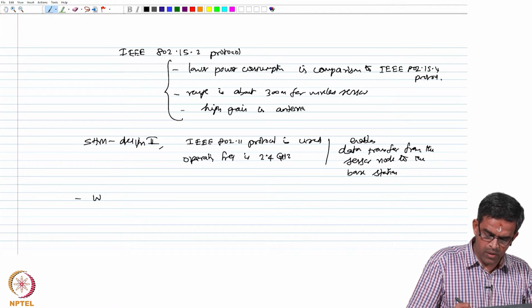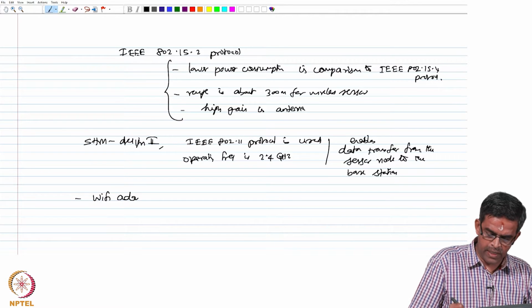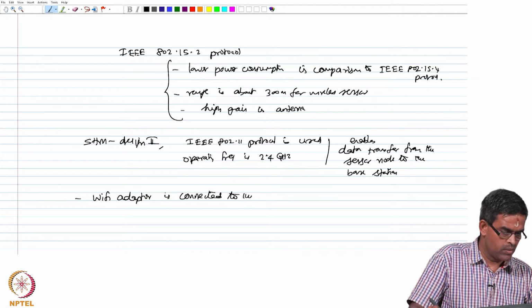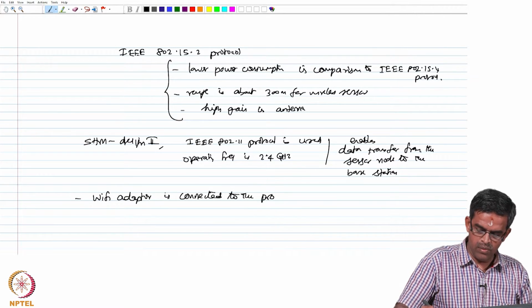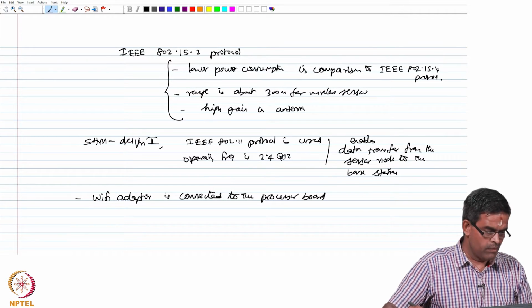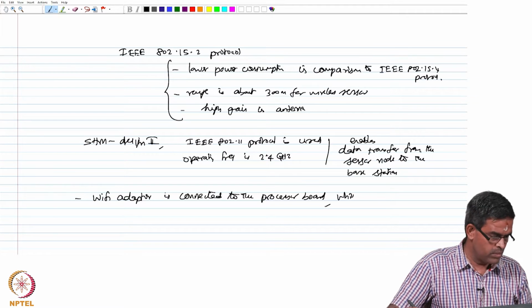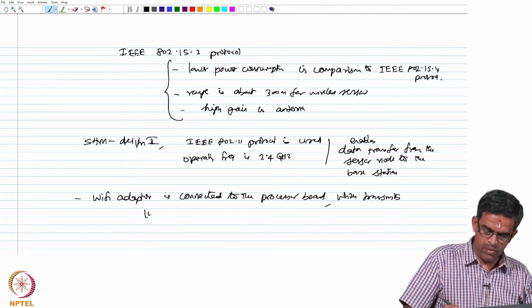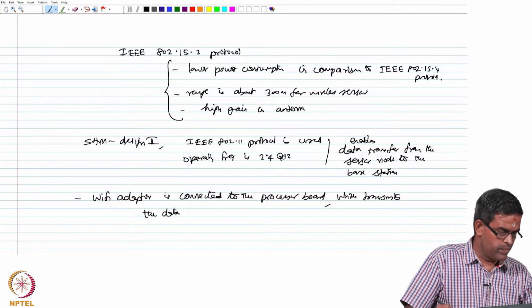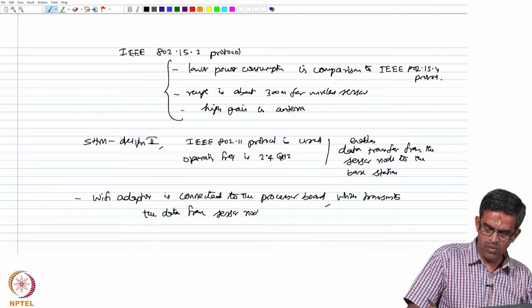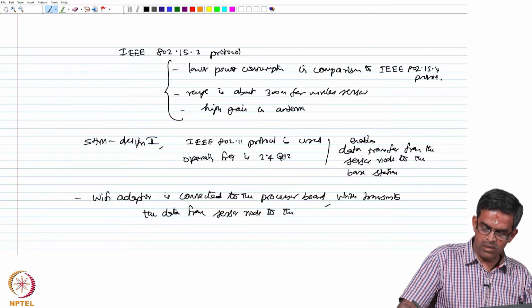Now, in the design, Wi-Fi adapter is connected to the board, which transmits the data from sensor node to the central server.